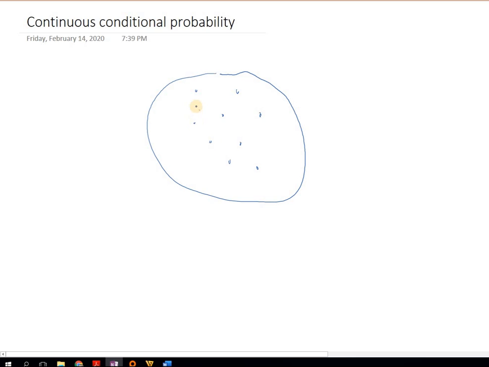Now, what happens with continuous simply is that the number of points goes to infinity, and the probability on each point goes to 0. But a lot of the ideas go through. The other thing that you may know is that a sum turns into an integral. And in fact, the probability of x, the probability of some point, say, let's just call it a.